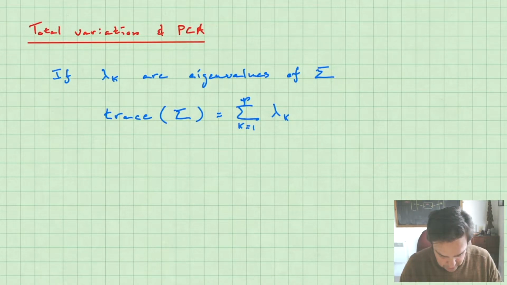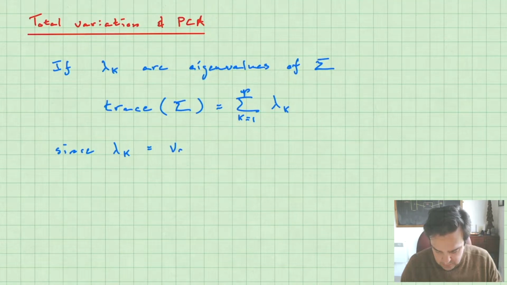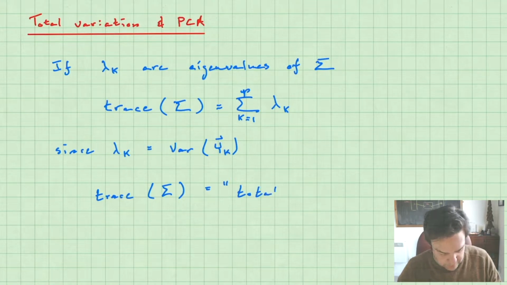And since lambda k is the variance along column k of Y, then the following must be true: the trace of sigma is equal to the total variation, or total variance, I'm not sure which term you might prefer, of the principal components, or on the principal component axes.